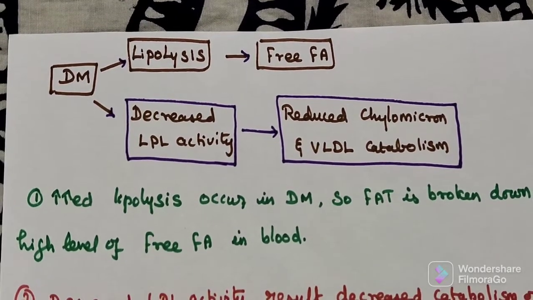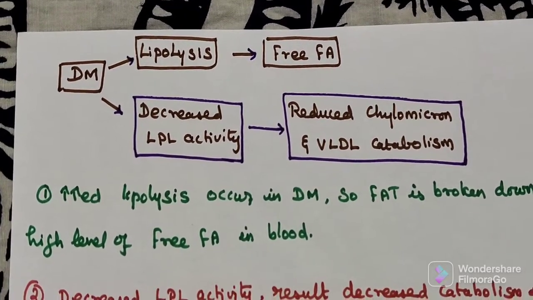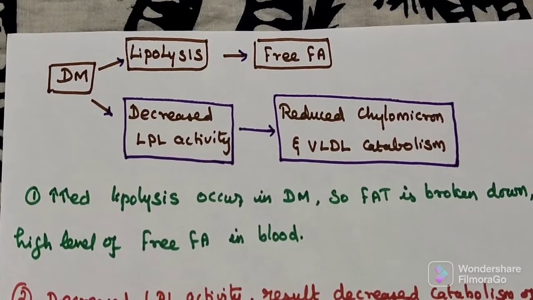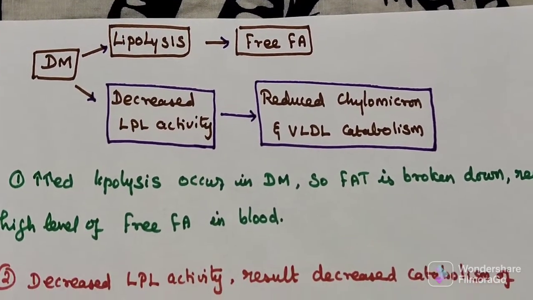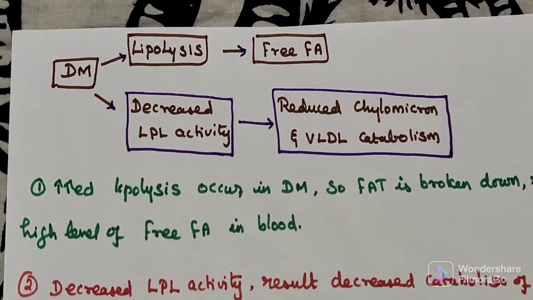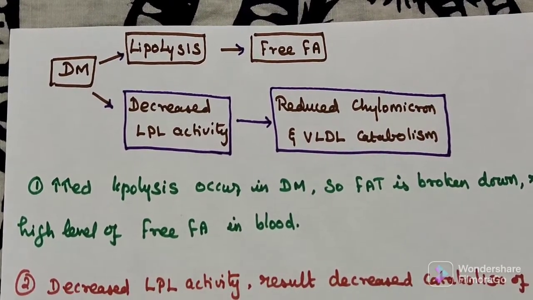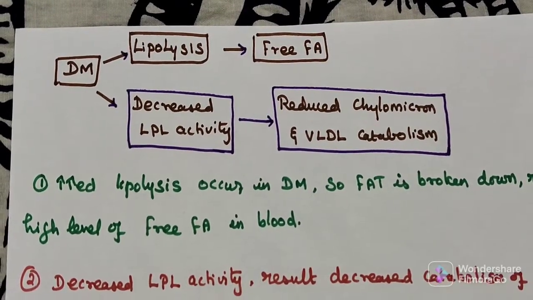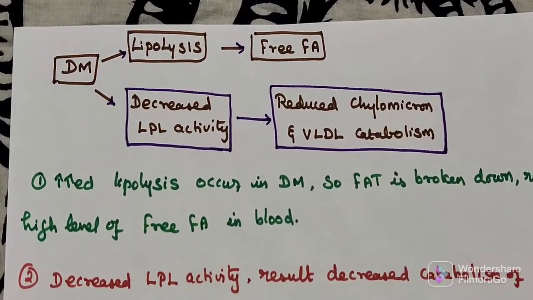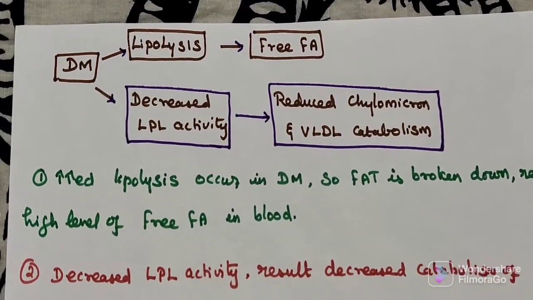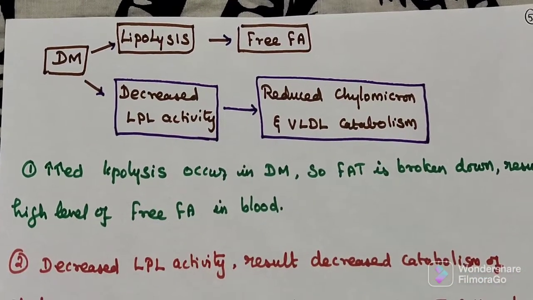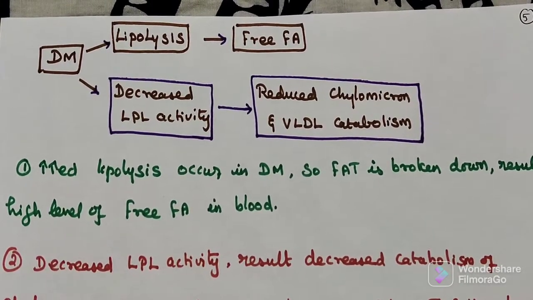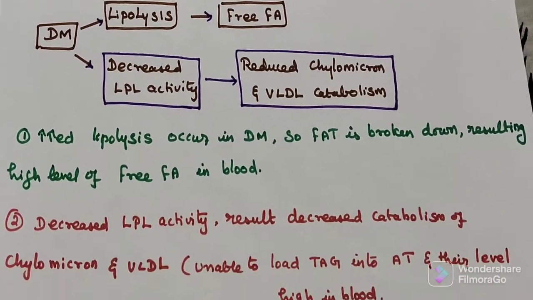On the other hand, there is decreased LPL activity, which results in decreased catabolism of chylomicron and VLDL, which means chylomicron and VLDL are unable to unload the triacylglycerol into adipose tissue and their levels are high in the blood. This results in the dyslipidemic picture which we see in diabetes mellitus.